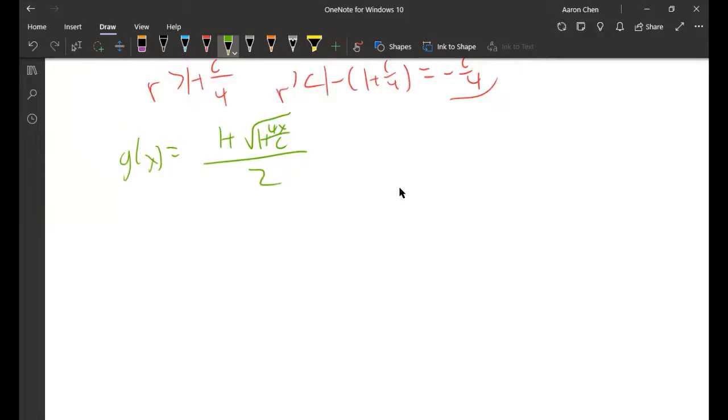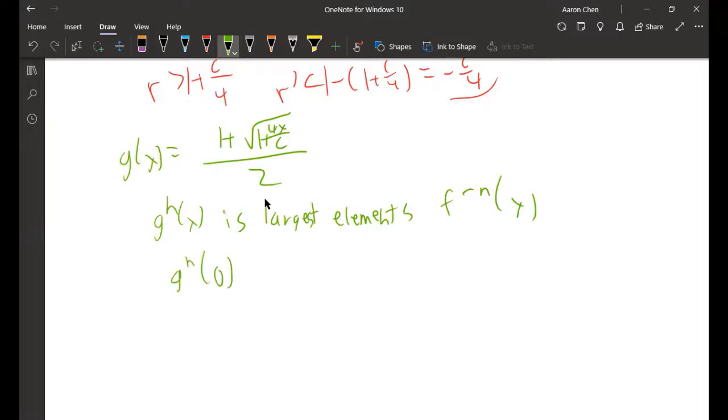So we have that g to the power of n of x is the largest element of f to the negative n of x. And that means that g to the power of n of 0 is at most 1 plus c over 4 for all n.